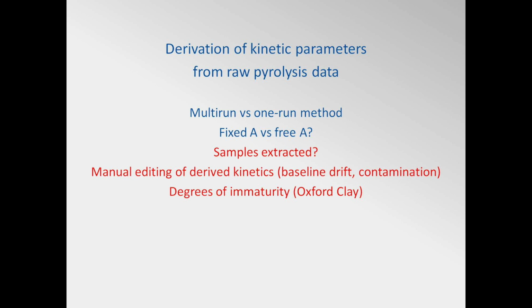And finally, the question that we have touched on with the Oxford shale, the fact that truly immature samples can be immature and differently evolved from each other and therefore don't all represent the same kerogen. So how do we handle that question?